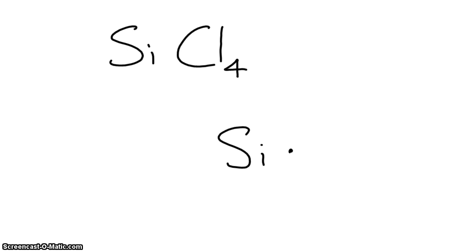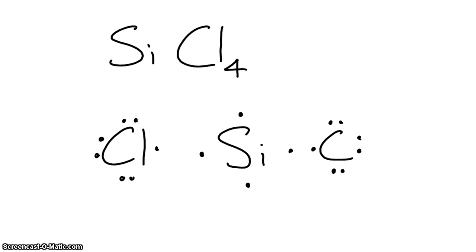And chlorine has 7 valence electrons. And there's 4 chlorines, so we've got to draw all of them, each with 7 valence electrons.